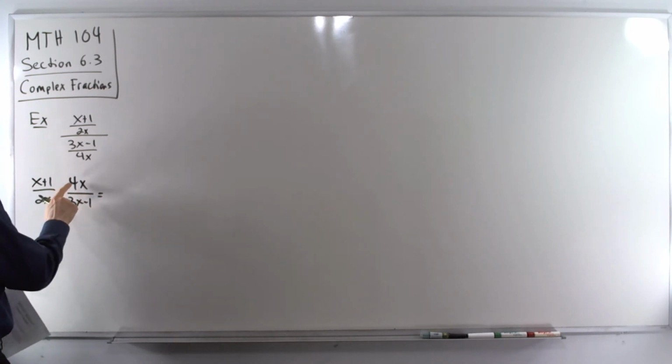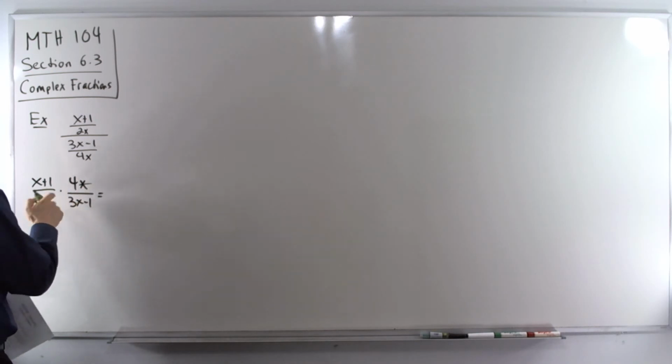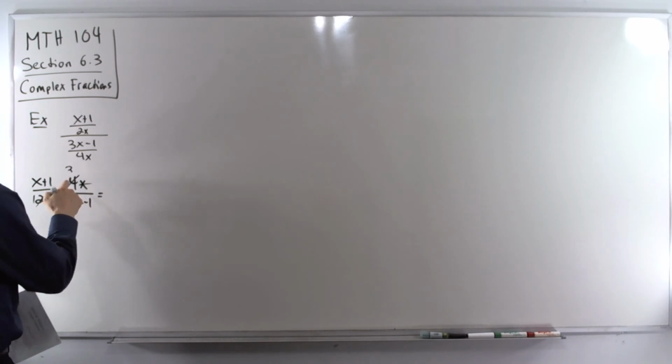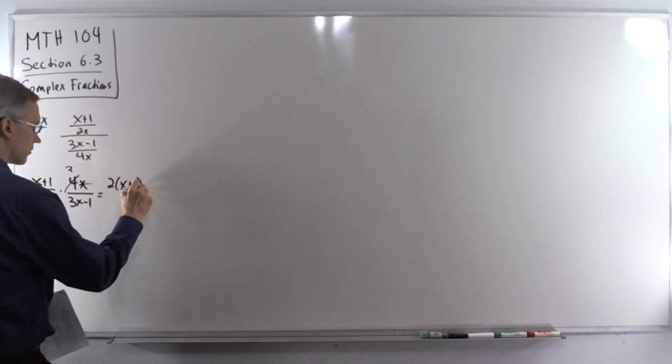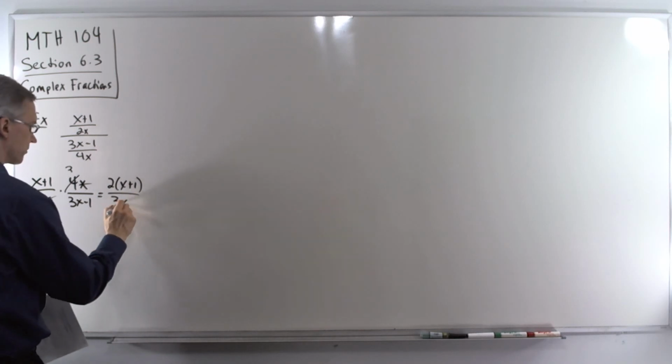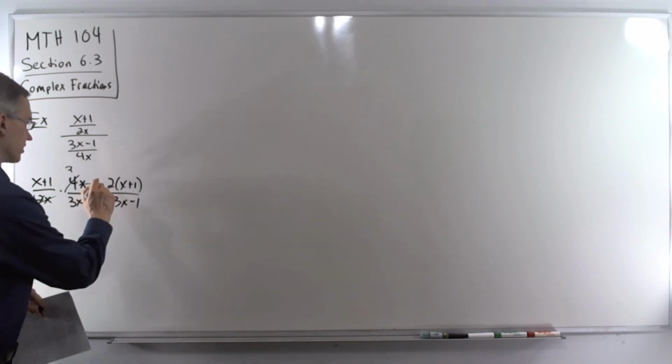So we've got an x on top, x on the bottom, so we'll cancel those. 4 over 2 reduces to 2 over 1. And that's it. So on the top, we've got 2 times x plus 1 over 3x minus 1. And if you like, you can go ahead and distribute, but not necessary.